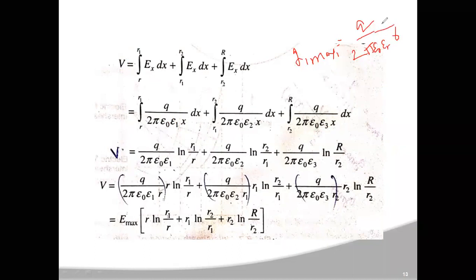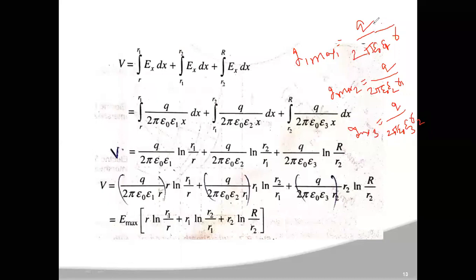And G max 2 is equal to Q by 2 pi epsilon naught epsilon 2 into R1, you will get it, right? Then G max 3 is equal to Q by 2 pi epsilon naught epsilon 3 R2. So these are G max 1, G max 2, G max 3.